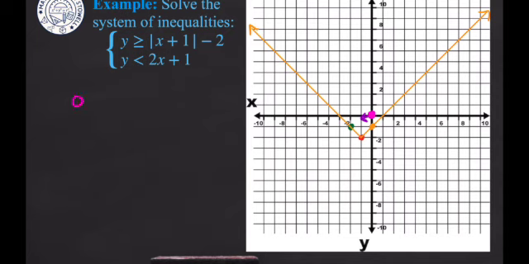If x were 0 and y is 0, let's see if this is true. So absolute value of 0 plus 1 minus 2. This would be 0 is greater than or equal to absolute value of 1 minus 2, which is 0 is greater than or equal to 1 minus 2, which is negative 1. Is that true? Well, yeah, that's true.